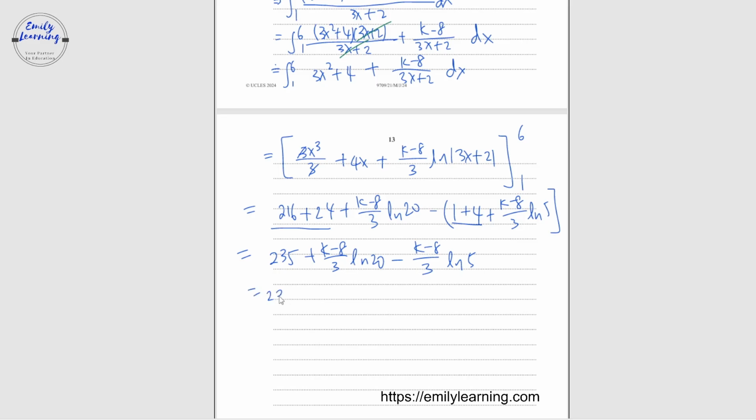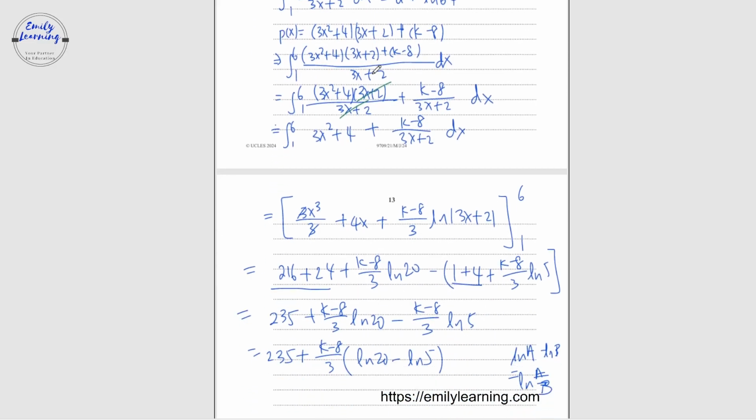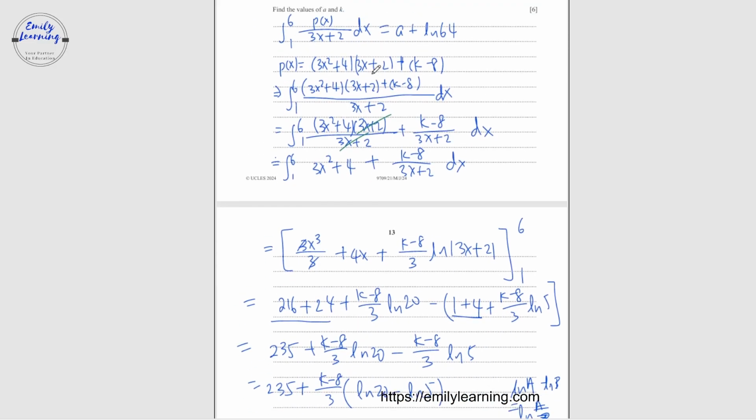Okay, so let's combine this. Recall, if you have ln A minus ln B, it can be simplified into ln A over B, right? Why do I want this? Because in the end, I want to have ln 64.